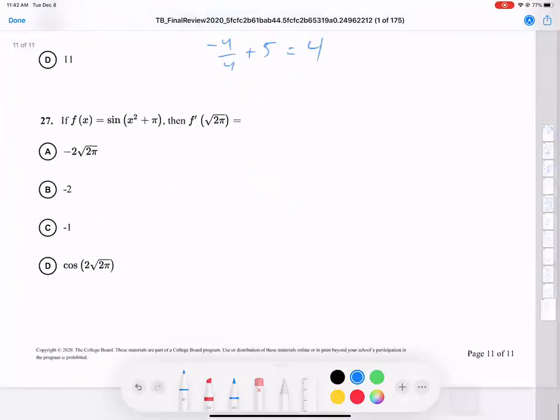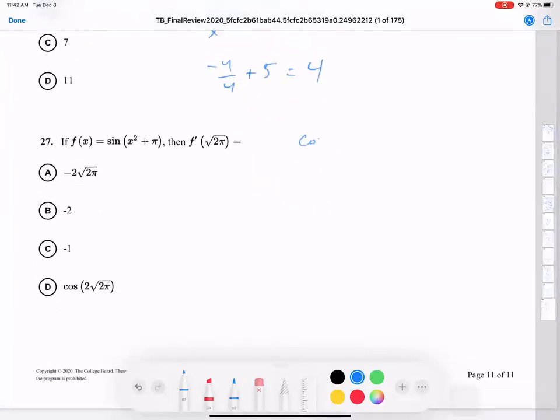Next one is just take the derivative. The derivative of this is cosine, leave the inside alone, times the derivative of the inside. And then they want us to plug in our square root of 2 pi. All right, sure. Cosine of the square root of 2 pi squared plus pi, and then 2 times the square root of 2 pi.